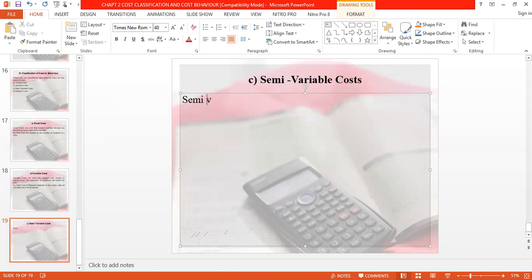Semi-variable cost, semi-fixed cost, or mixed cost, whatever term is used, are costs that have the characteristic of being both fixed and variable.